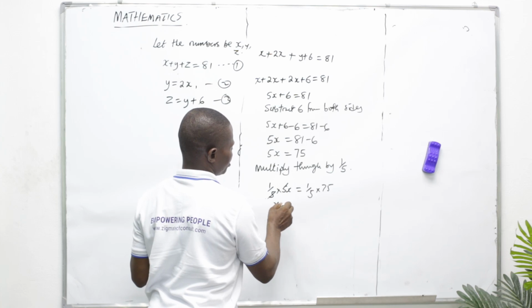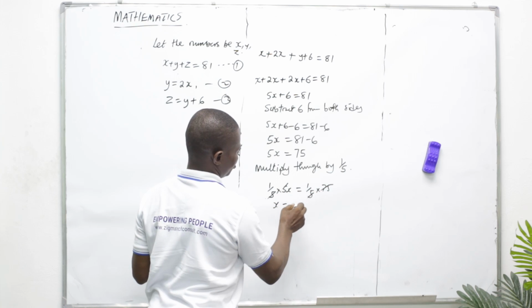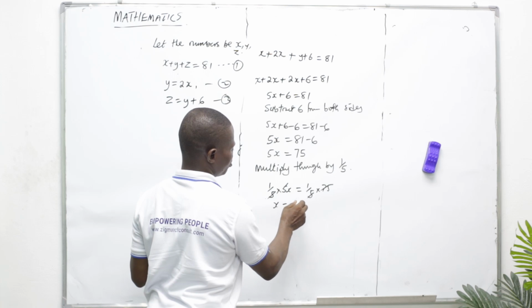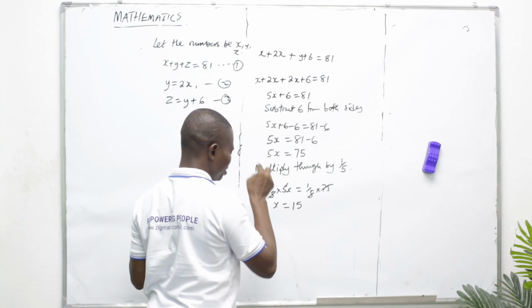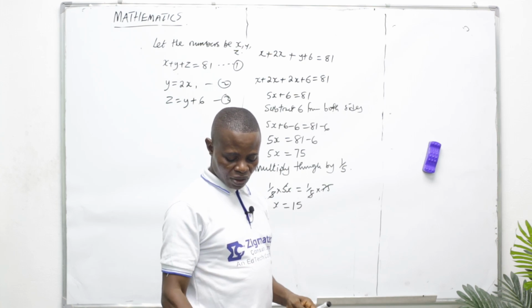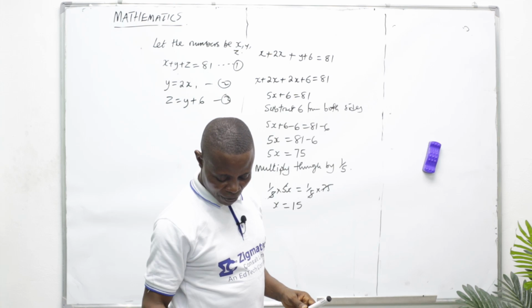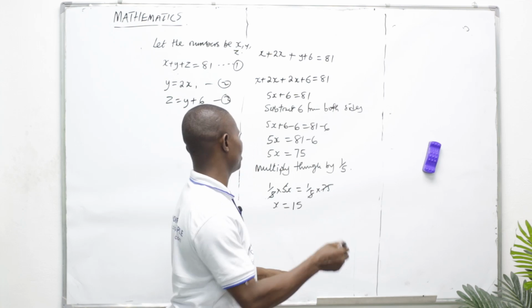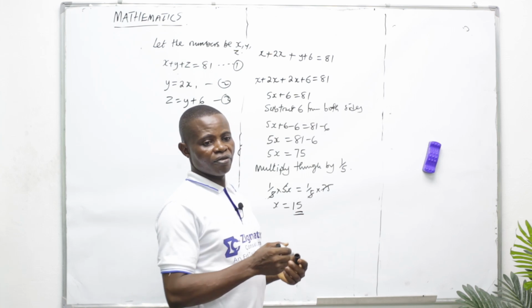Here, X equals what? Let's cross check. 75 all over 5 equals 15. Therefore, X is 15.